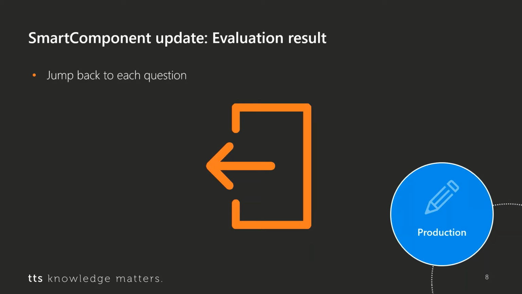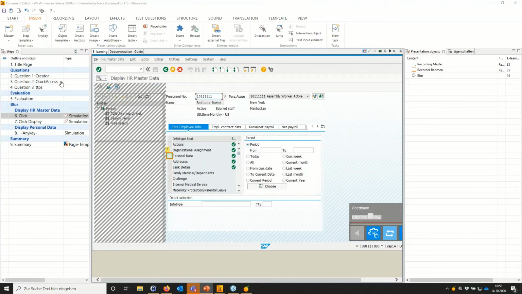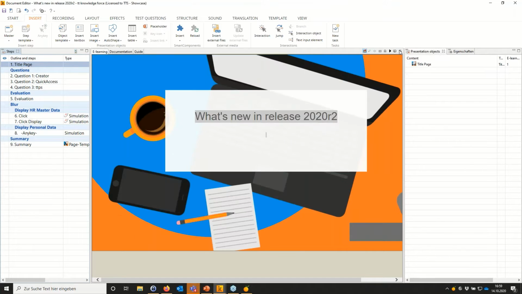You now have the possibility with this updated version to jump back to a certain question, to review your result in detail, and, for example, see why you failed if you failed, or what you've answered right if you answered the question right. But again, I think a demo is explaining more than words could do. So we just show you how this component works by providing you a short demo.